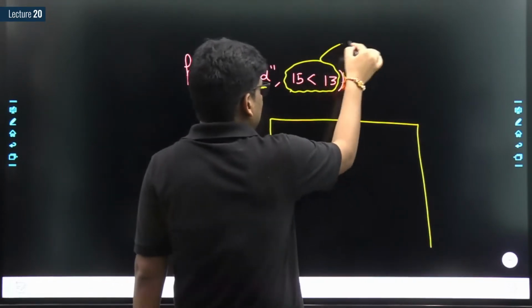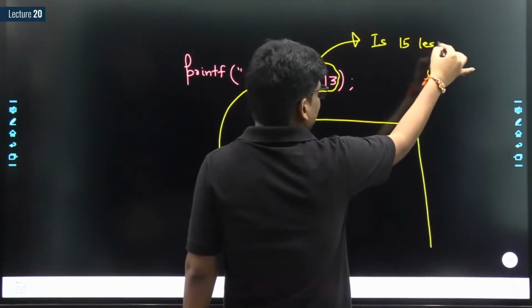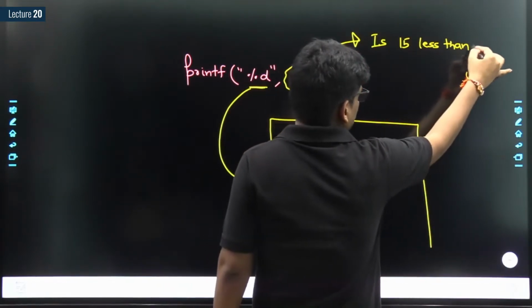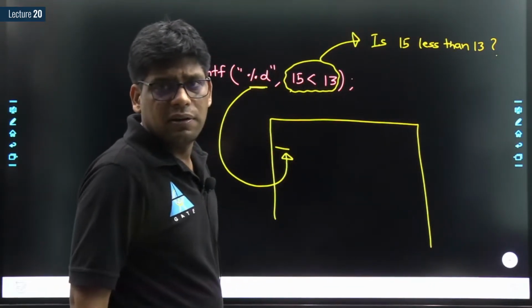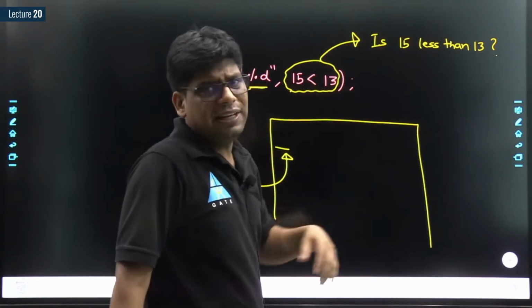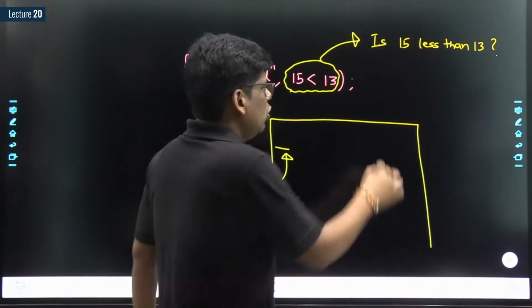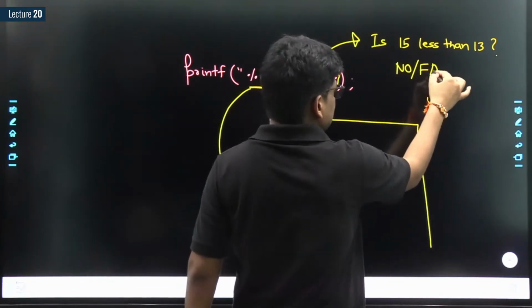So the compiler will ask, is 15 less than 13? Is it true or false? Sir, this statement is false. How would you answer if someone asks you, is 15 less than 13? No, no, no. Or can I say this statement is false? Yes, sir, this is false.